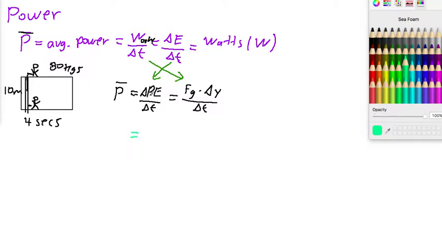From our previous lectures, remember that potential energy is just mg delta y over change in time. Notice that now they're becoming very similar, because force of gravity is just mg, gravity times mass, times change in height. It's pretty much the same thing, right?